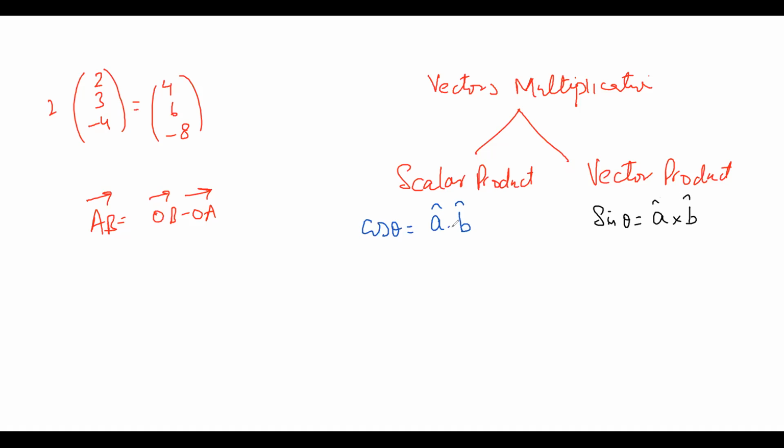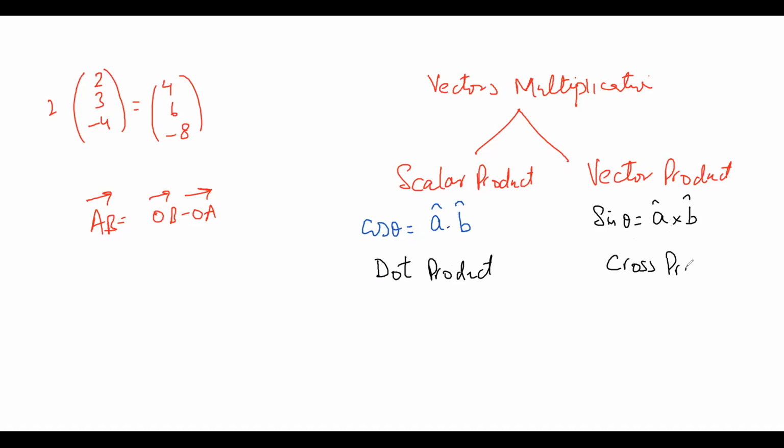You know that this dot and cross both mean multiplication, but here they determine the difference between the dot product and the cross product. So this scalar product is also known as the dot product, and this vector product is also called the cross product.